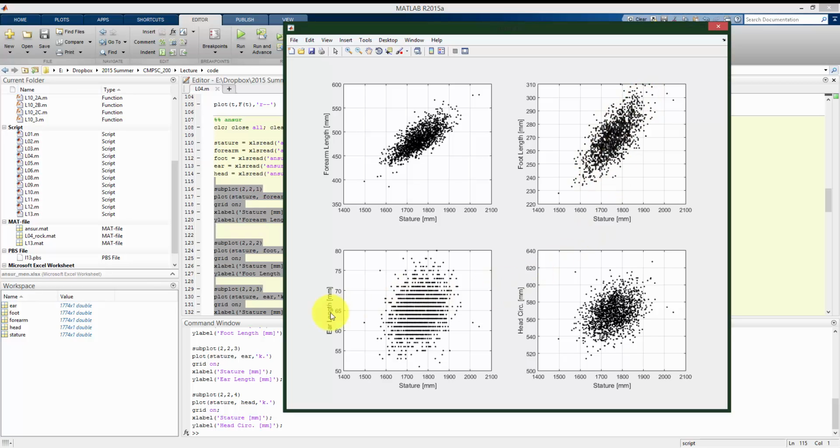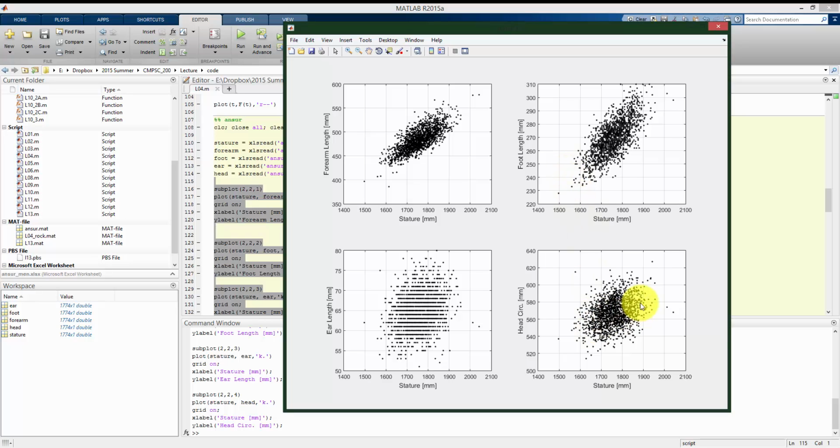In the bottom left, we don't see quite as nice a relationship between stature and ear length. It's not really a clear trend like we saw in the top two. And if we look at the bottom right, it's the same type of idea. We just have kind of this blob that doesn't have any sort of direction like we saw with foot length.